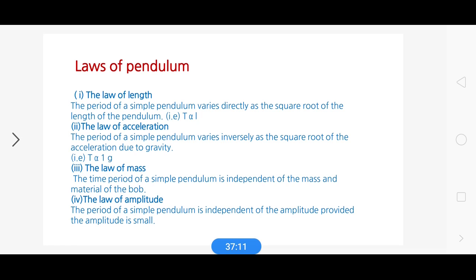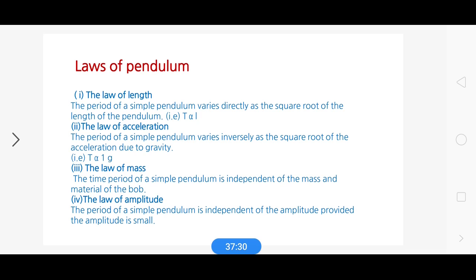And if there is a slight variation in the amplitude, there will be no change in the time period of the simple pendulum. So that's why we can say that it is independent of amplitude.